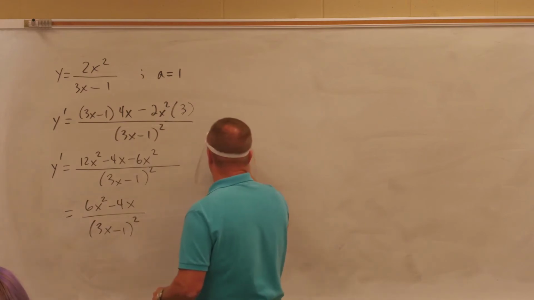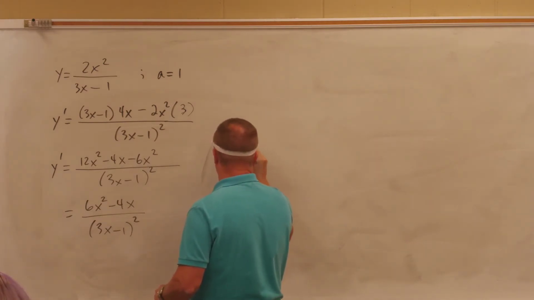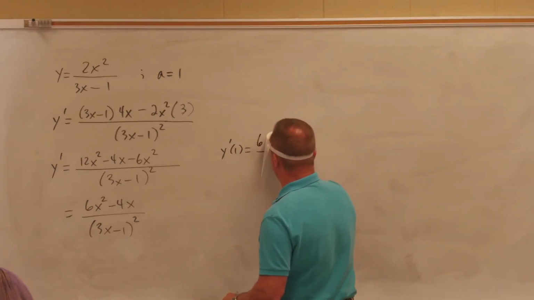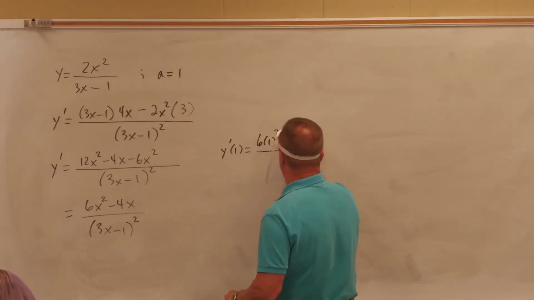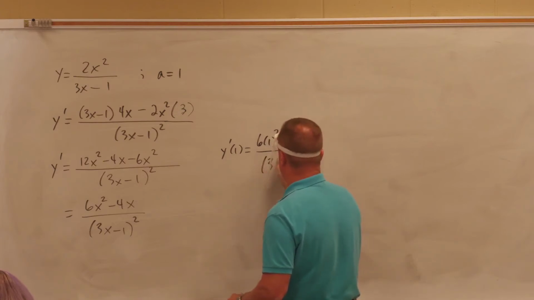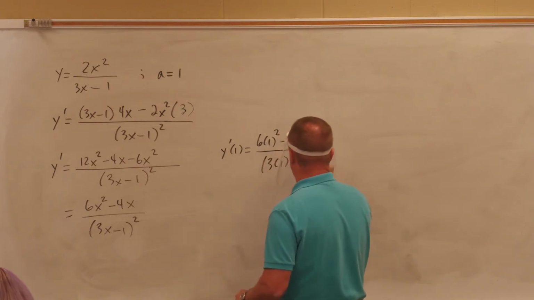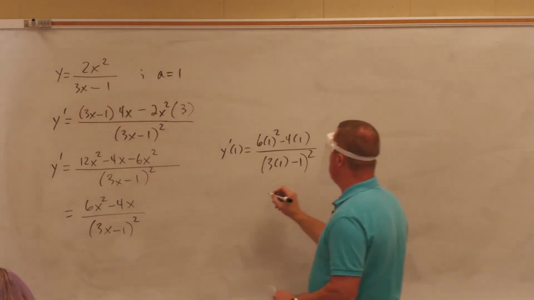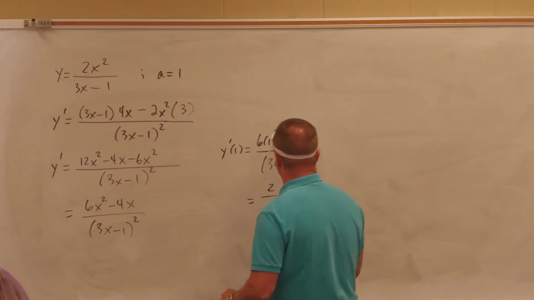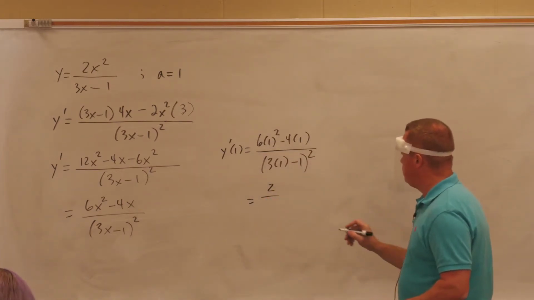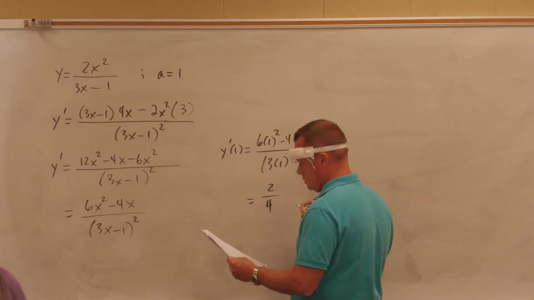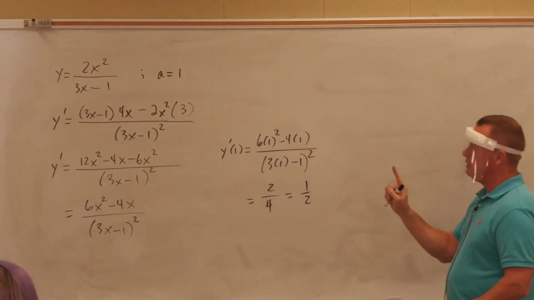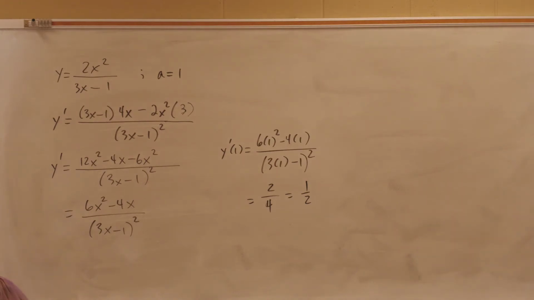Everywhere I see x, put a 1 in. That'd be 6 minus 4, that'll be 2, over 3 minus 1 is 2. 2 squared is 4. So the derivative, the slope of the tangent line at 1, is 1/2. Okay?